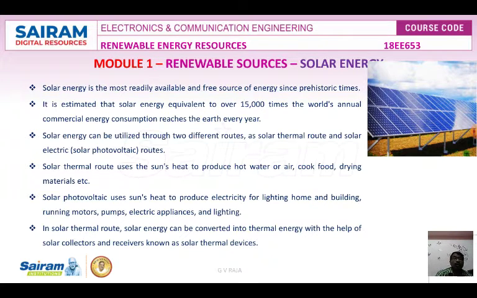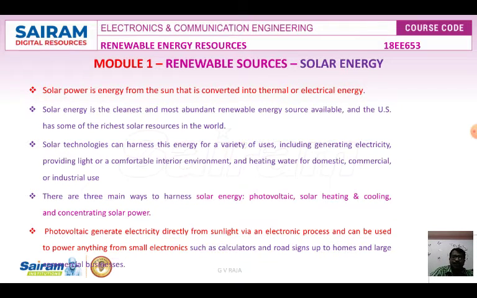With the help of solar collectors, of various types, parabolic type, horizontal type, vertical type, and receivers, which receive the sun's radiating energy and convert it into heat. This is called solar thermal devices.